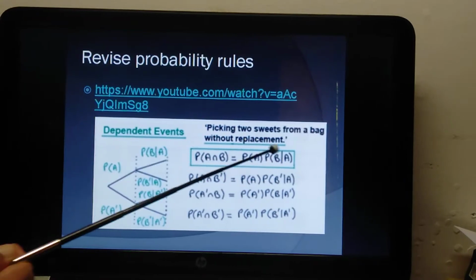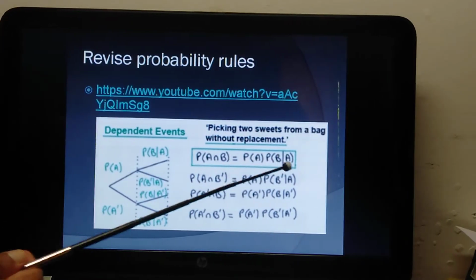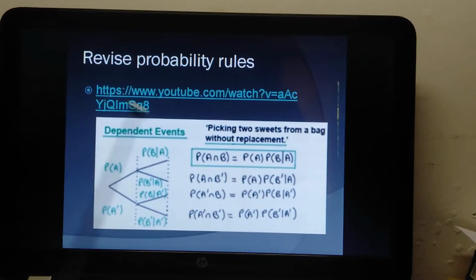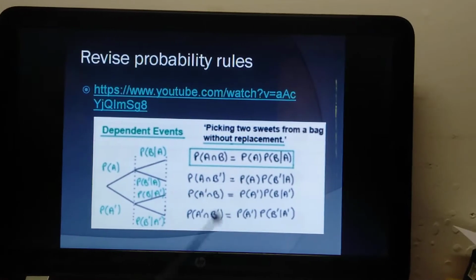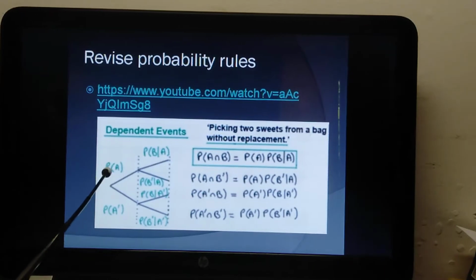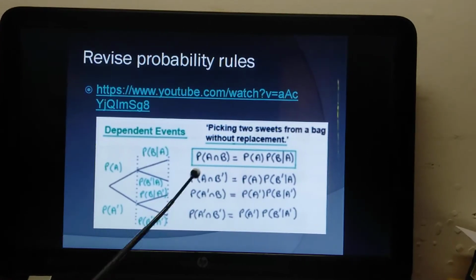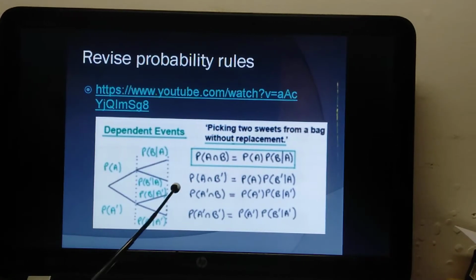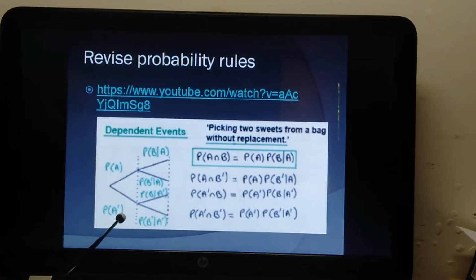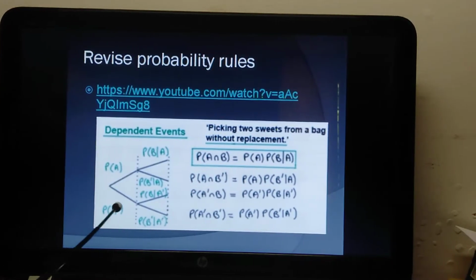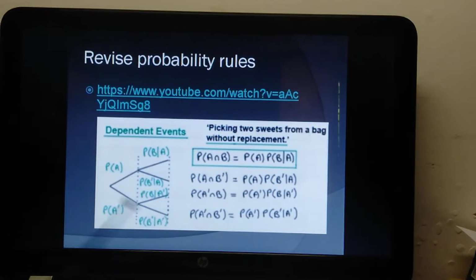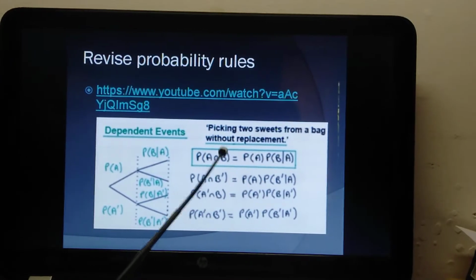This is one rule which we need to remember when we are deriving the Bayes theorem. The rest of it is just like if we want the probability of A and not B, then you have to follow this path. Not A and B, this path. Not A and not B is this path. So that is the rest of the formulas. Now this is what I need.